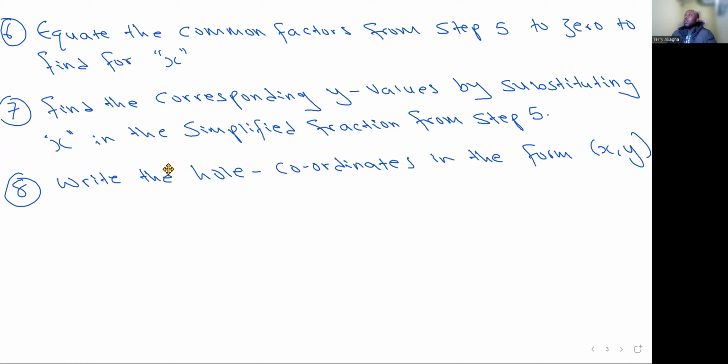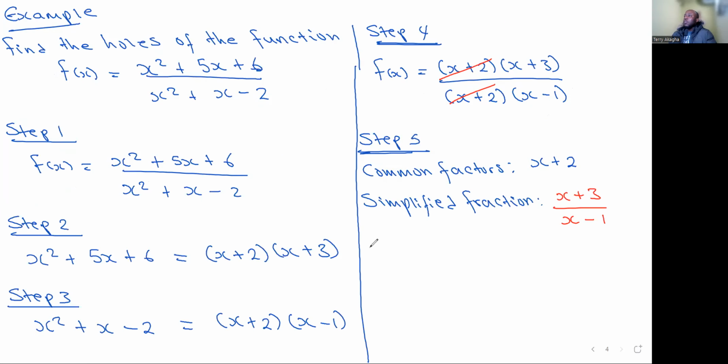So what's the common factor? It will be x plus 2 equal to 0. Therefore, x will be equal to minus 2. So we found the value for x to be minus 2.